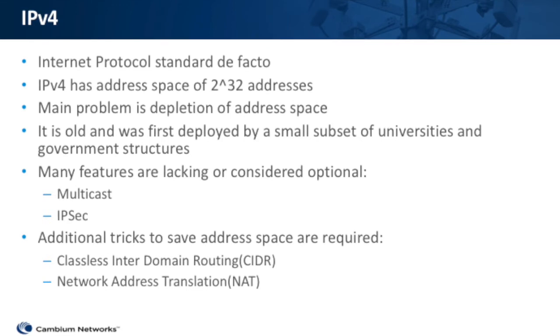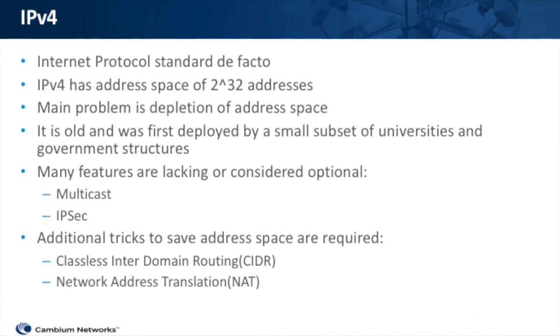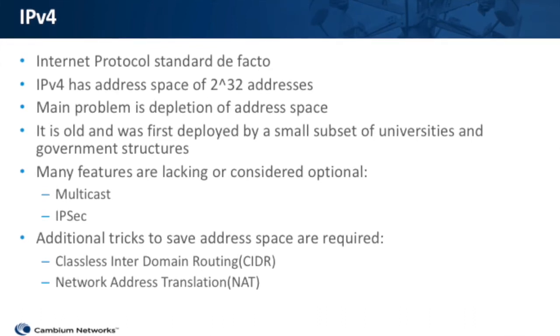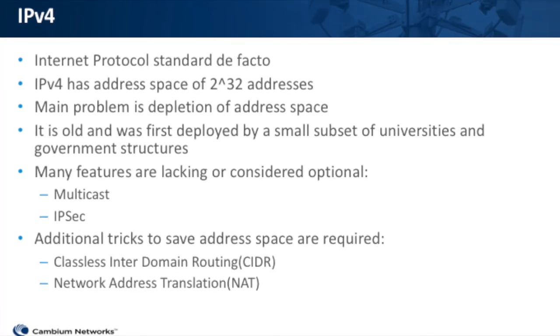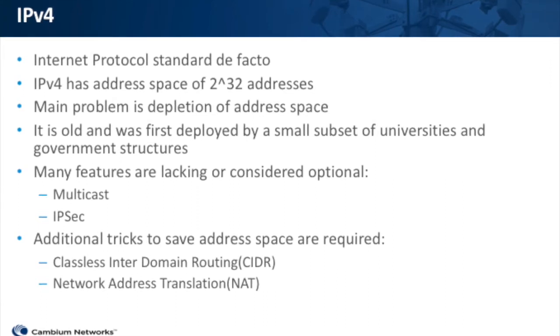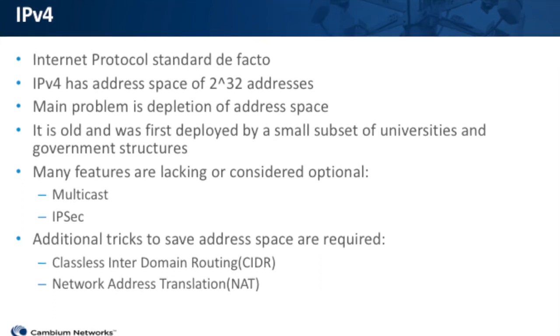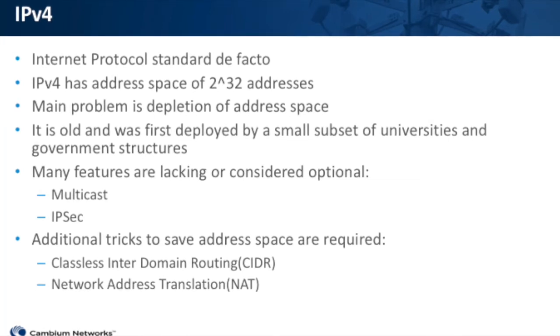But the main issue with IPv4 is the address space, because the amount of addresses you can use in IPv4 is really limited compared to the amount of devices in the internet. And we are moving from the traditional era to the Internet of Things era, and more and more devices will be connected to the internet. So we are lacking address space.